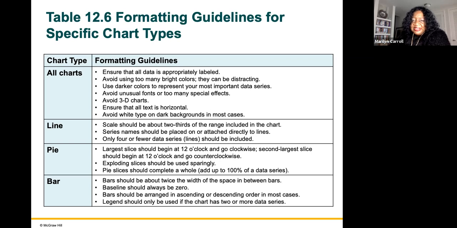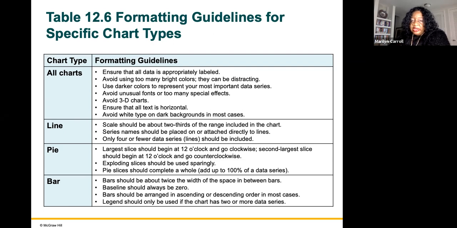And avoid white type on dark backgrounds in most cases. They're bad. Now for lines, as far as a line chart is concerned, scale should be about 2/3 of the range including the chart, and series names should be placed on or attached directly to the lines, and only 4 or fewer data series lines should be included.